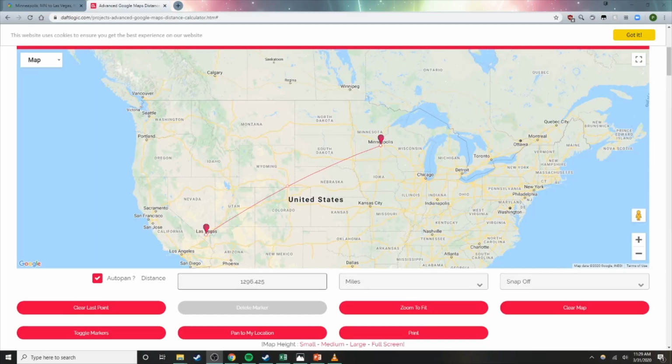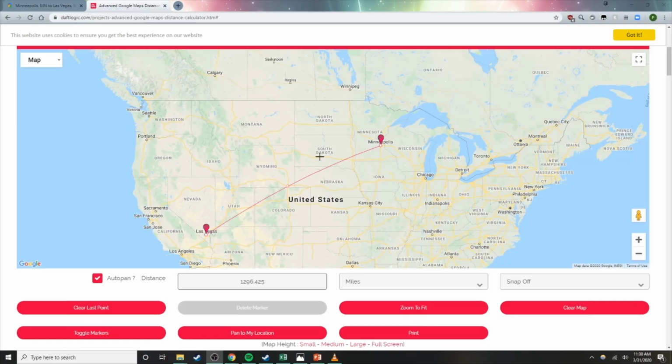I have another example here that I want to show you to clarify between distance and displacement. I found this website that allows you to pinpoint any two locations. You can actually add more than two locations, and then it'll find the distance between them. I've selected Minneapolis and Las Vegas, and I wanted to calculate the displacement between them, meaning the shortest distance in a straight line.